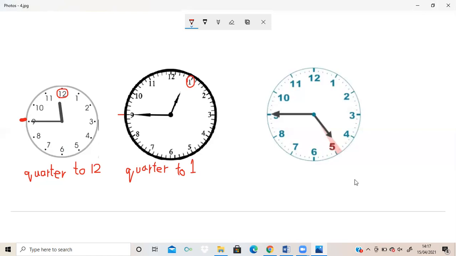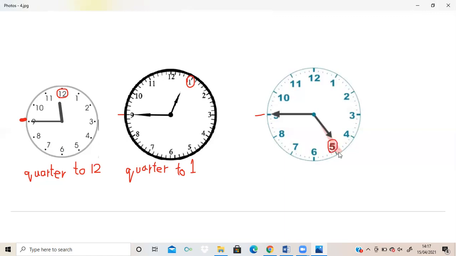The next one, please again pause the video and you can try yourself first and then you can check your answer with me. So the minute hand is pointing at 9, that means it's quarter to, and the hour hand destination is 5 o'clock because the next time is 5.